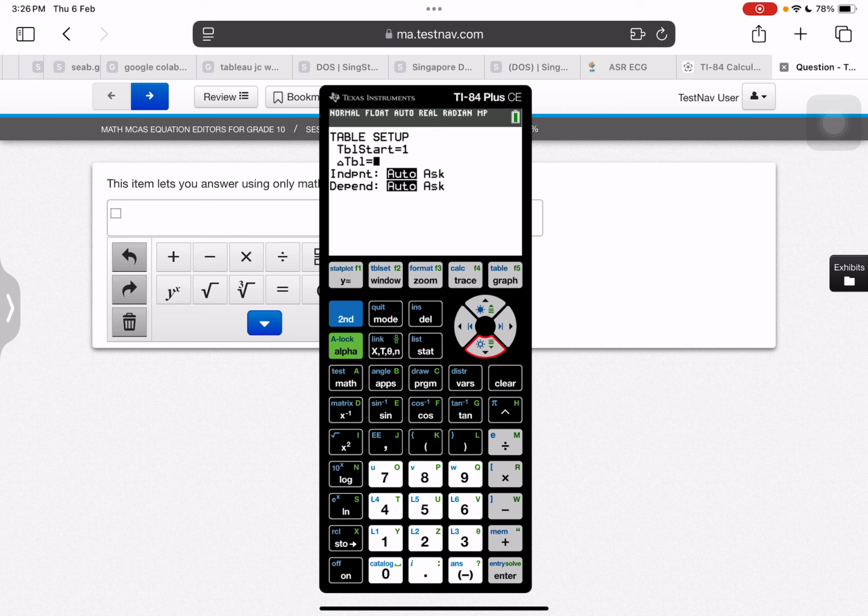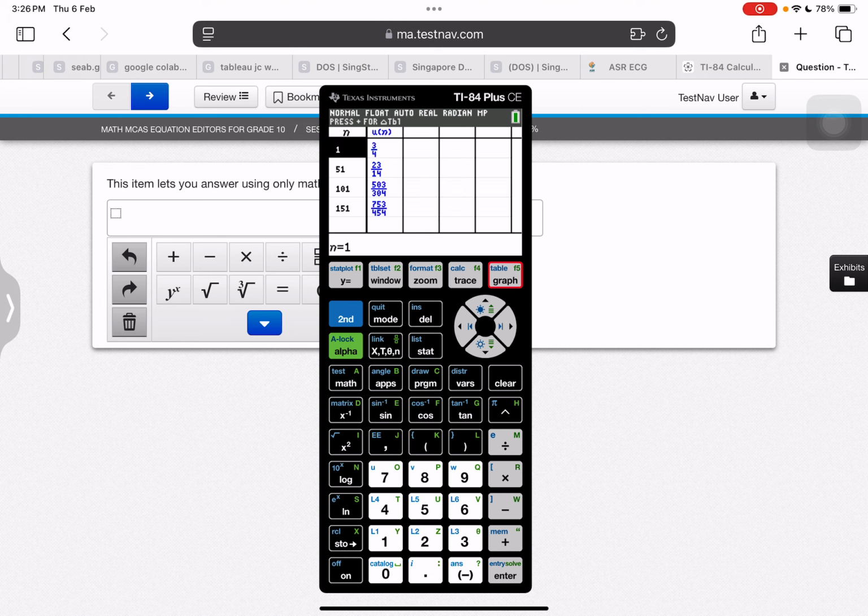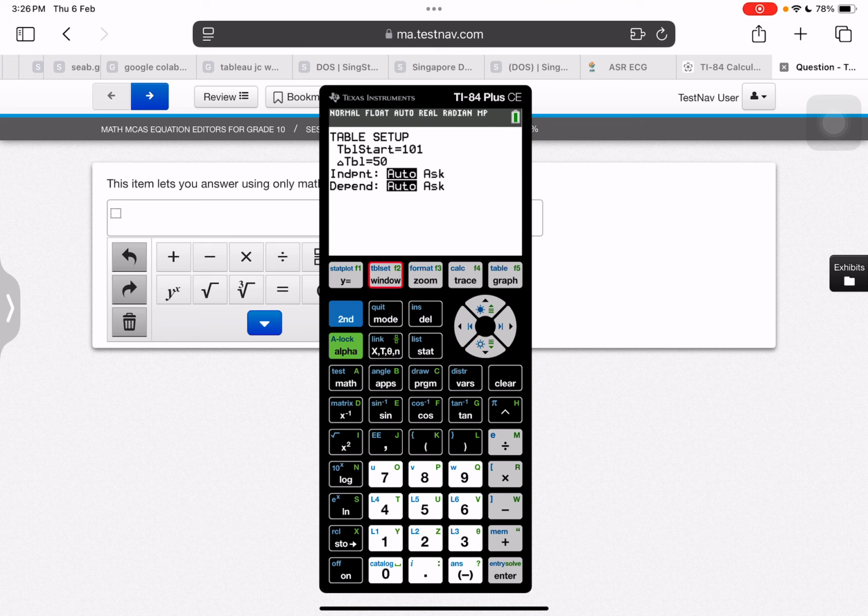So for example, if I were to put 50, it's going to take a while to calculate, so let's double check our answer. We can see that it indeed goes to a big number over here. But if you want to be a bit more greedy, you can put maybe 100.